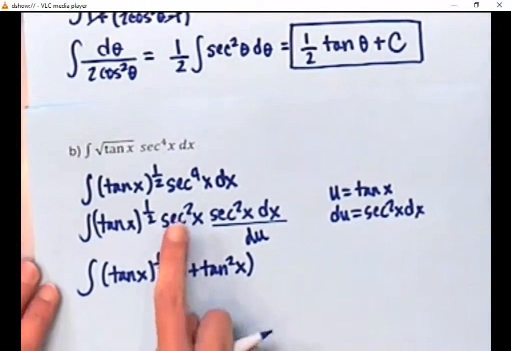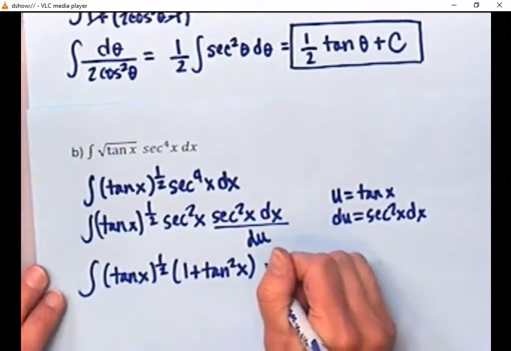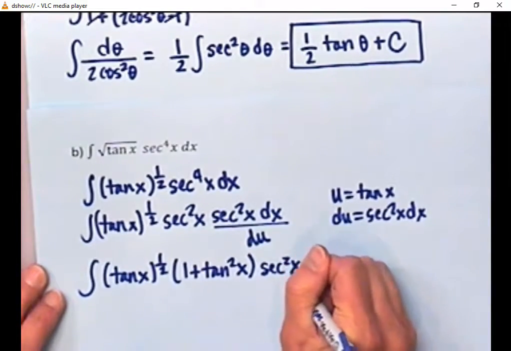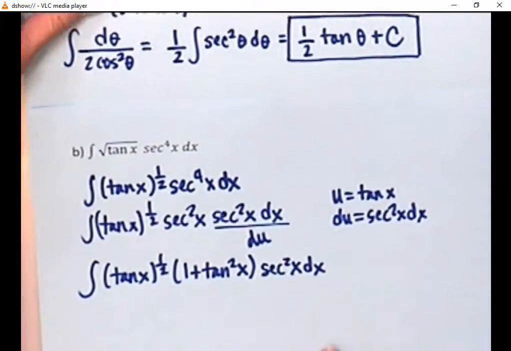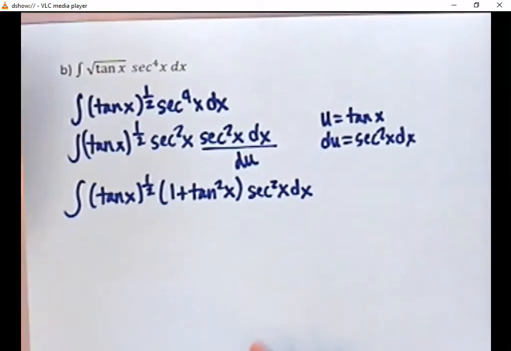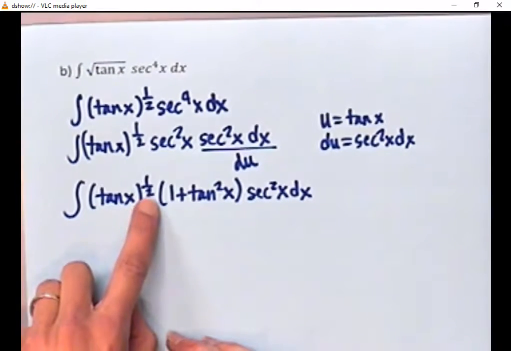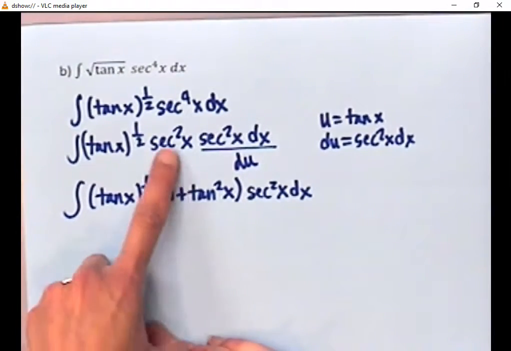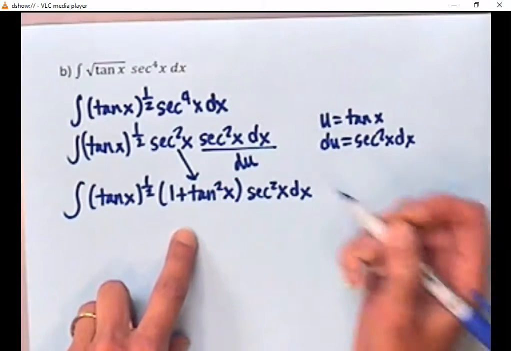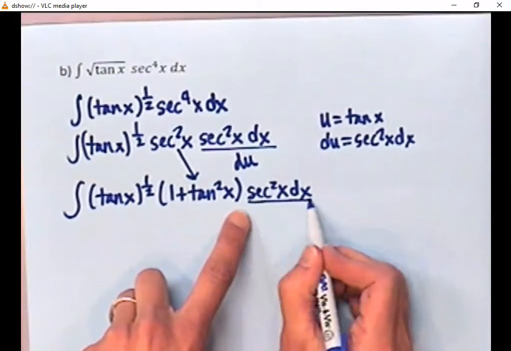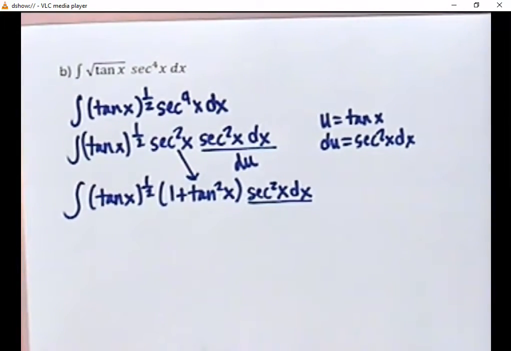So I can substitute secant squared with 1 plus tangent squared. Replace that, and then I should be able to do this u substitution. So I have tan x to the 1/2, 1 plus tangent squared, that's what I replaced the secant squared with. And I know all this is matching up to that du there.